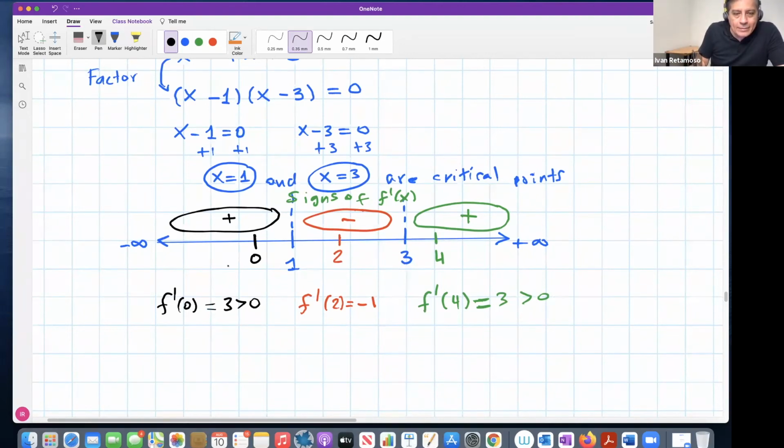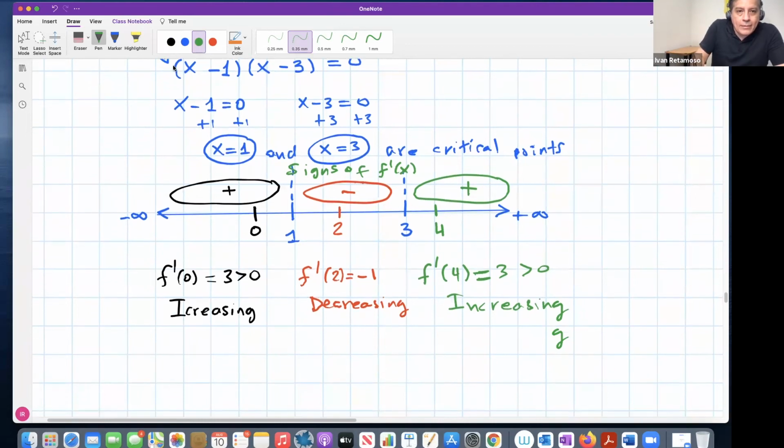Now, once we have determined the signs of the derivative, we can say that over this interval our function will be increasing, over this interval our function will be decreasing, and over this interval our function is increasing again. So, as a conclusion, let's write in orange, conclusion.